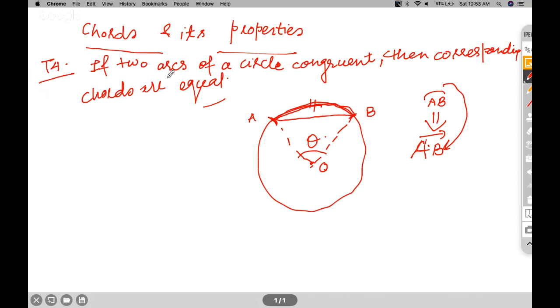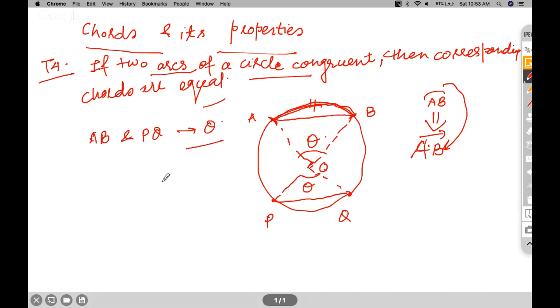So he is saying that arcs of the two circles are congruent. It means that, suppose this is arc AB and arc PQ, and it is subtending the same angle theta over here. He is also telling me that chord AB and chord PQ are subtending the same angle theta on the center, and if I assume that AB and PQ are subtending the same angle theta on the center, this theorem 4 turns out to be theorem 3.